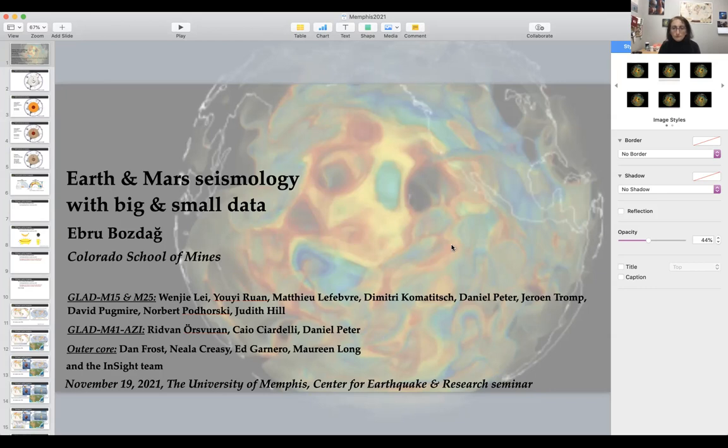She uses 3D numerical seismic wave simulation to improve understanding of Earth's interior by linking observed data to advances in theory and numerical methods in wave propagation and optimization techniques. Her primary focus is on full wave inversion, with a special emphasis on global seismic tomography based on 3D seismic wave simulations and adjoint techniques. In recent times, she is also involved in exploration scale problems and planetary seismology as a part of the Mars Insight mission. So welcome, Dr. Ebru Bozdag. It's over to you.